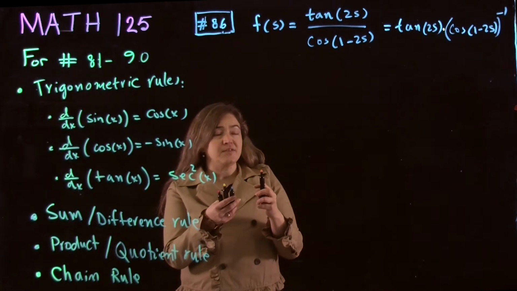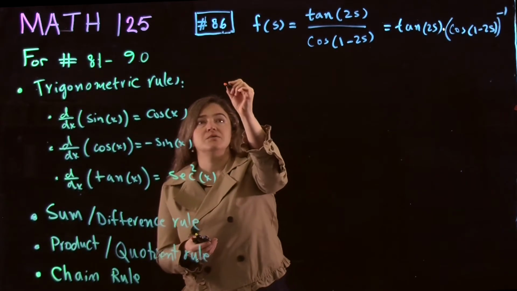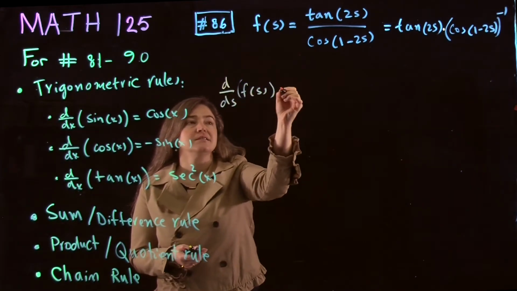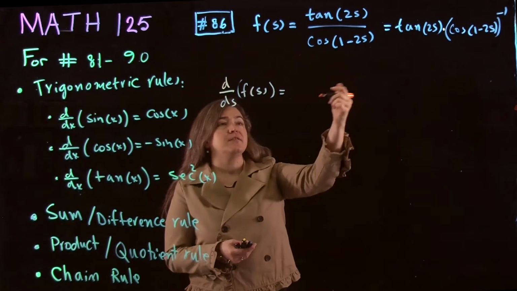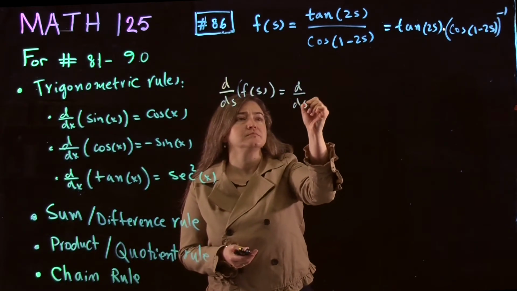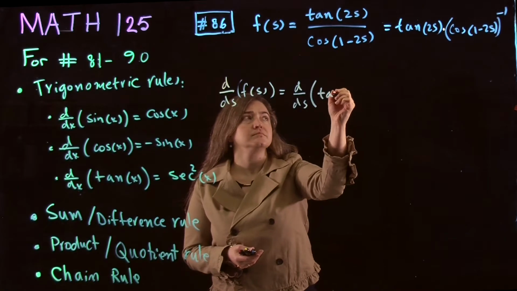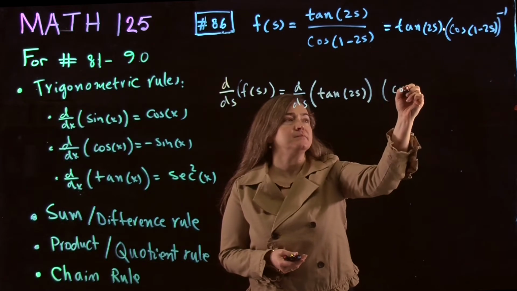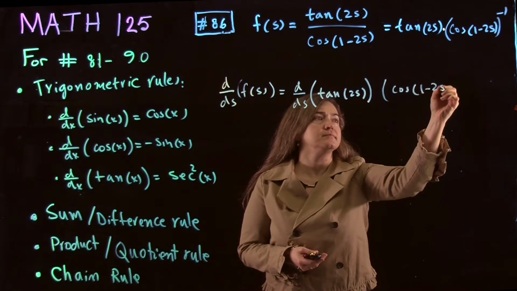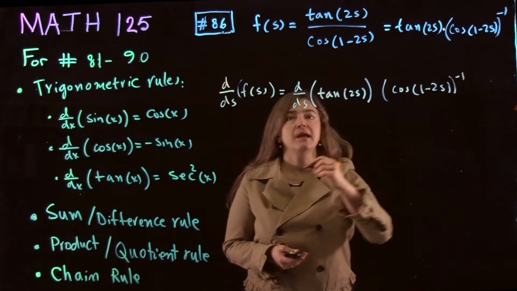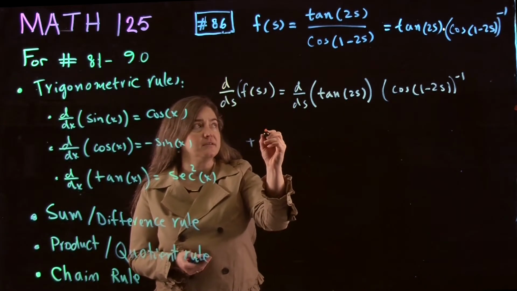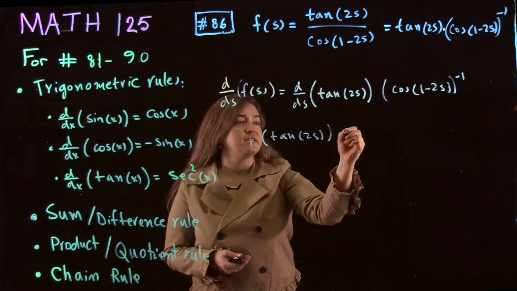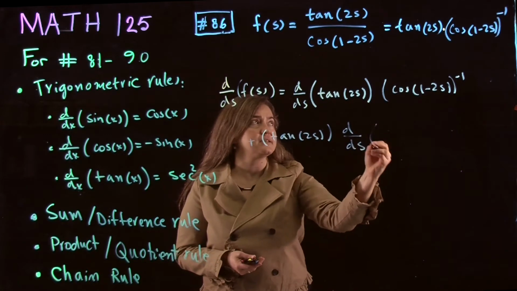When I'm taking the derivative of that, I have to do derivative with respect to s of f of s is going to be the derivative of the first one times the second one, unchanged, plus the first one, unchanged, times the derivative of the second one.